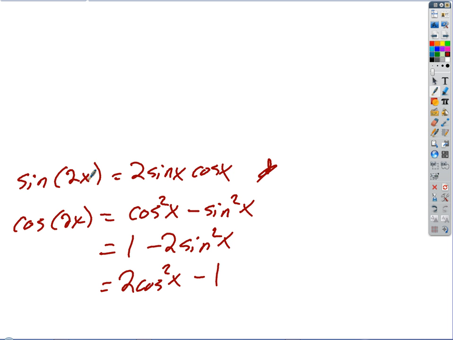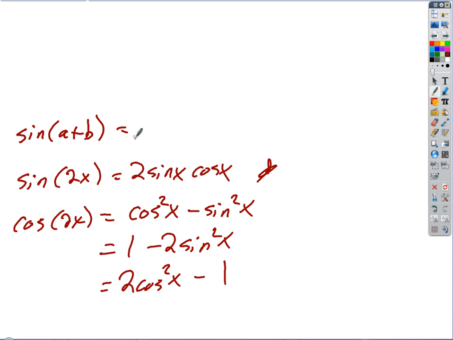Because the sine of 2x is really just the sine of x plus x. So if the sine of x plus x ends up giving me 2 sine x cosine x, where that's coming from is just sine x cosine x plus cosine x sine x. Say I'd had something like sine of a plus b.